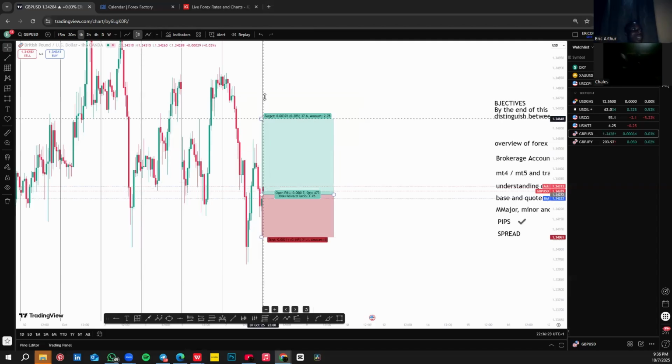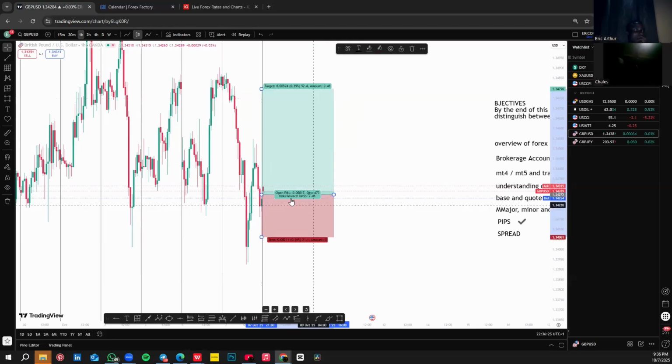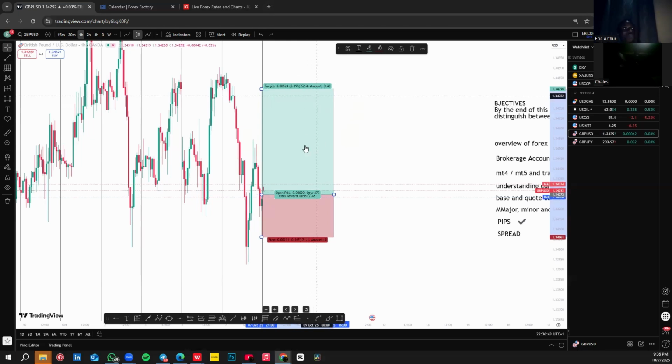And this one too is the risk to reward ratio, 2.48. That's the risk to reward ratio. So you can use this to measure the pips in terms of everything.